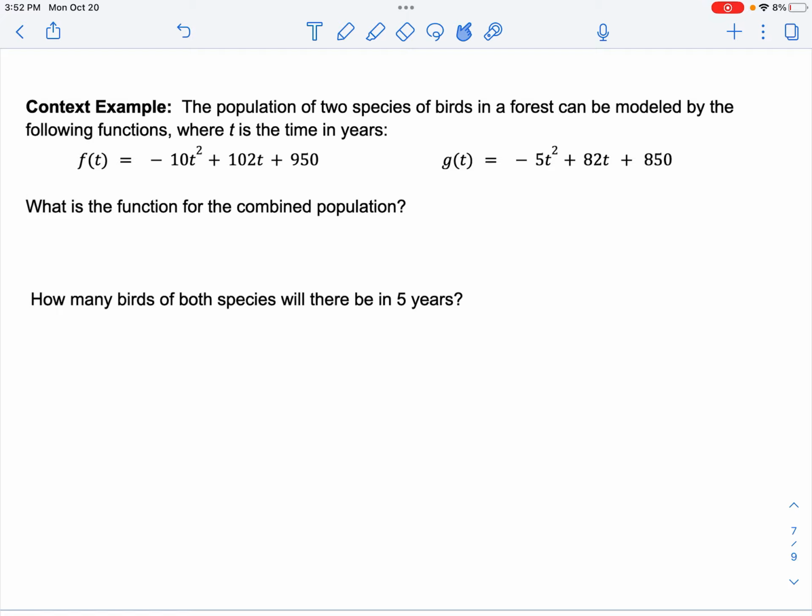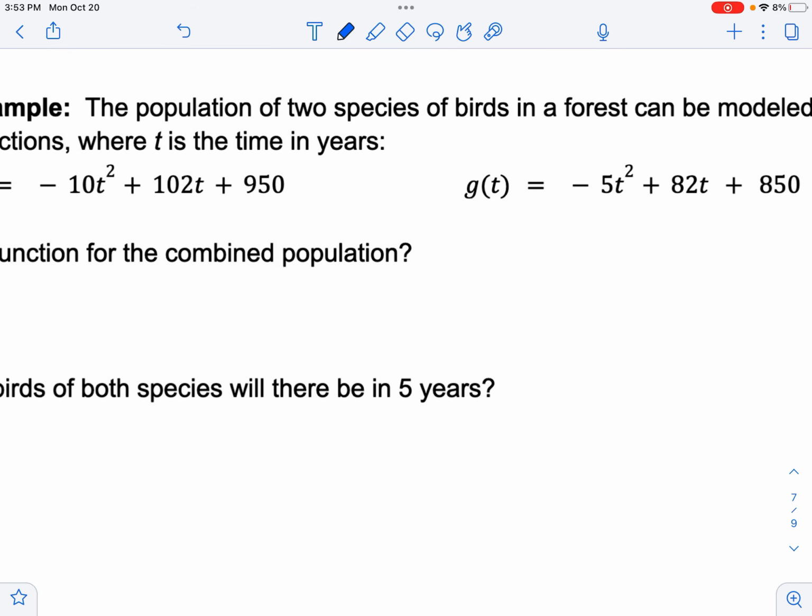The second one is g of t is equal to -5t squared plus 82t plus 850. What is the function for the combined population? So these are 2 birds. So combined means I need to add these 2 together. So when I read that, I should be thinking, oh, that means f of t plus g of t.